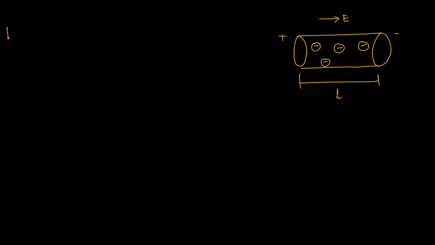We know that I is equal to N E A into V D, and let me call this equation number 1. Where N is the number density, e is the charge of electron, A is the area of cross section, V D is the drift velocity.